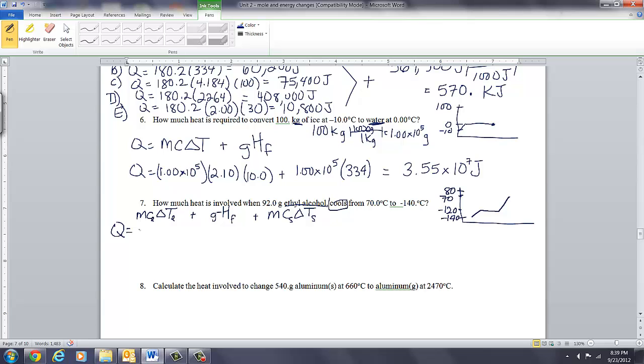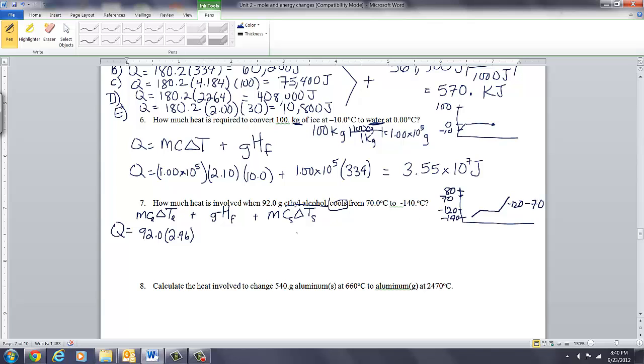I have 92 grams. That's my mass. Specific heat for a liquid, and for liquid ethanol, make sure you're looking at over on your ethanol chart. That's 2.46. And how much did my temperature change? It went from, so over here, negative 120 minus 70.